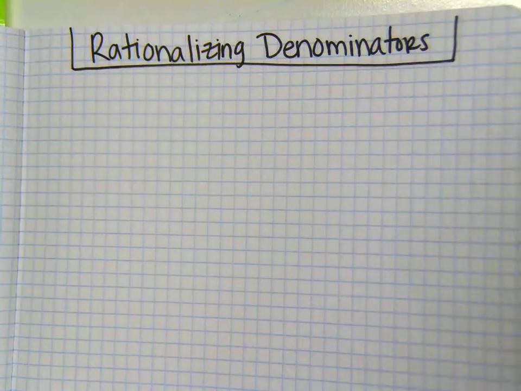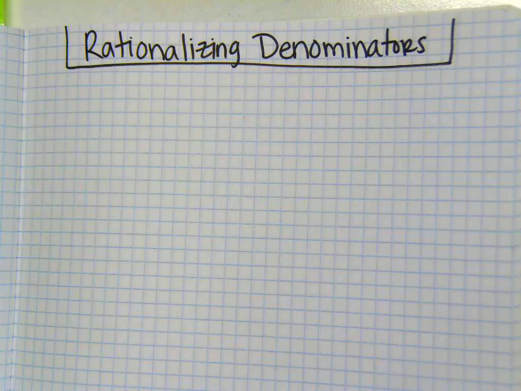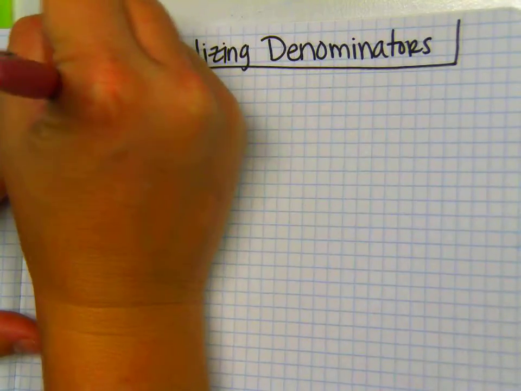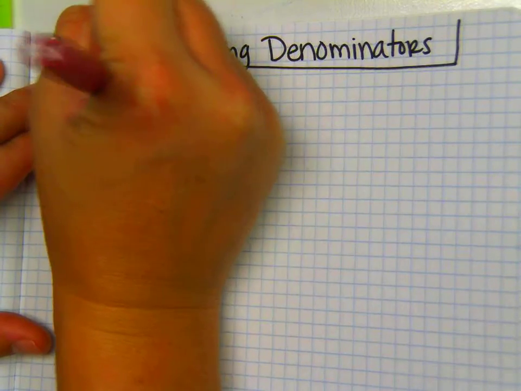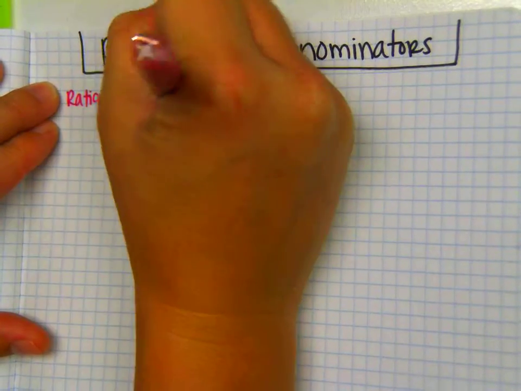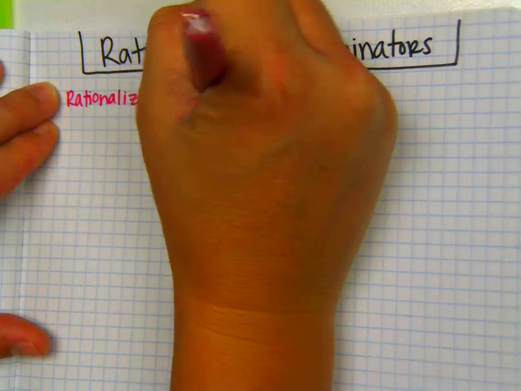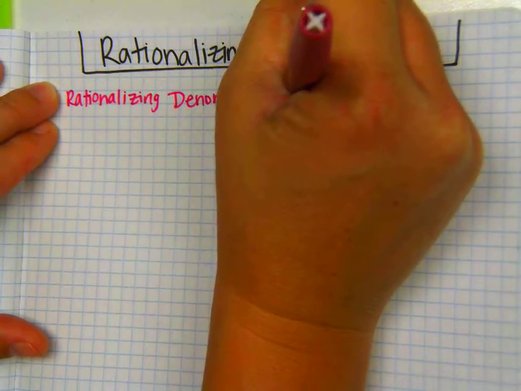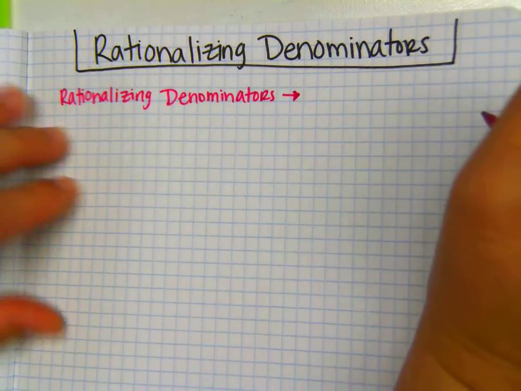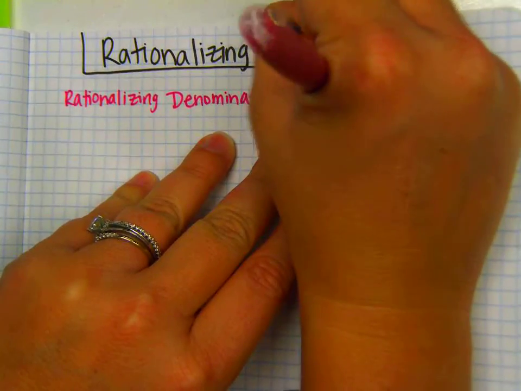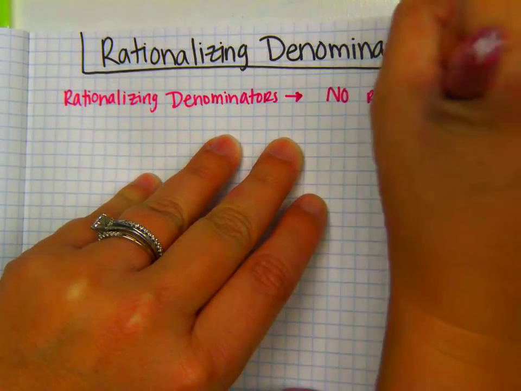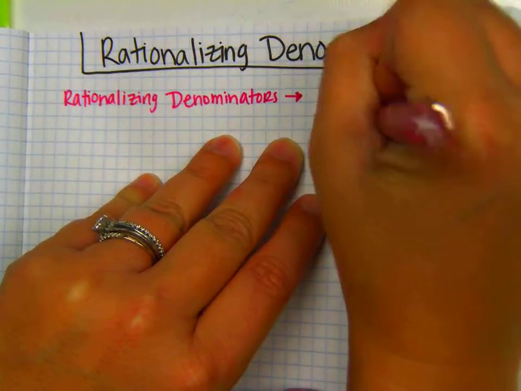Okay, so rationalizing denominators. First off, let's talk about what rationalizing denominators means. It means that there are no radicals in the denominator.